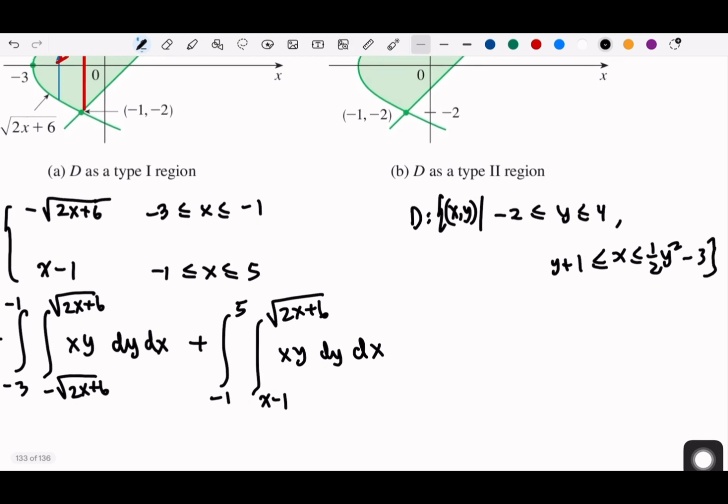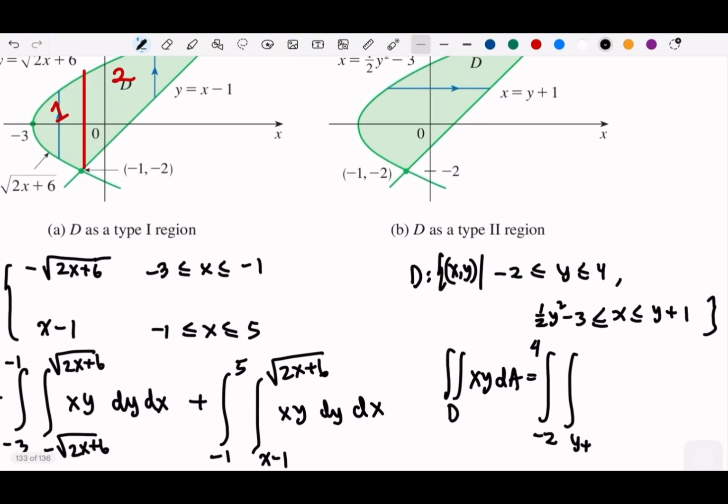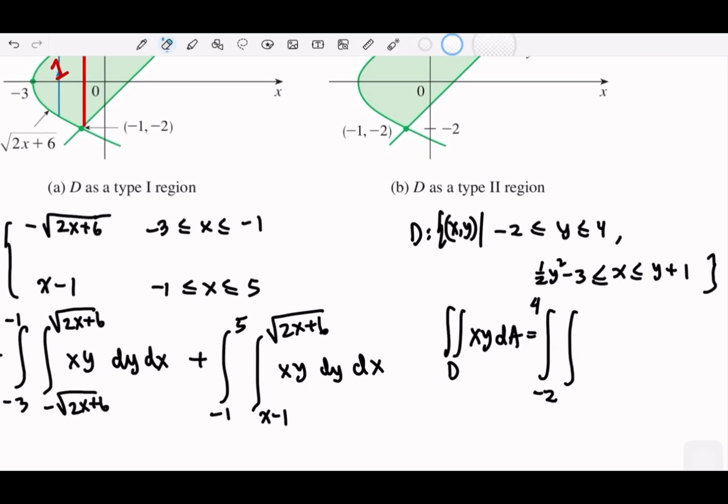So we write the double integral from negative 2 to 4, with x from y plus 1 to half y squared minus 3, of xy dx dy.